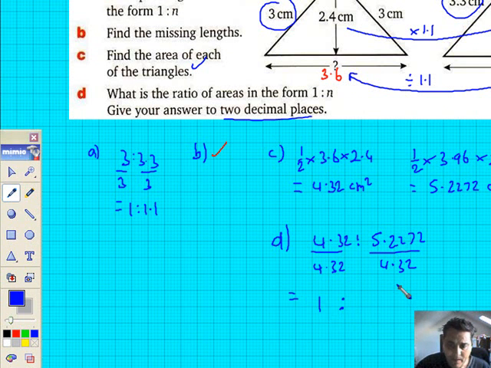That gives us 1. Just work out this little bit here. Divide by 4.32, and that gives us 1.21. So that's my ratio to 2 decimal places. I didn't need to round off anything. That's just how it worked out. And there's your grade B then.